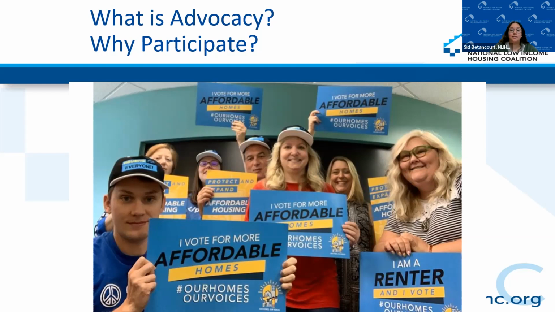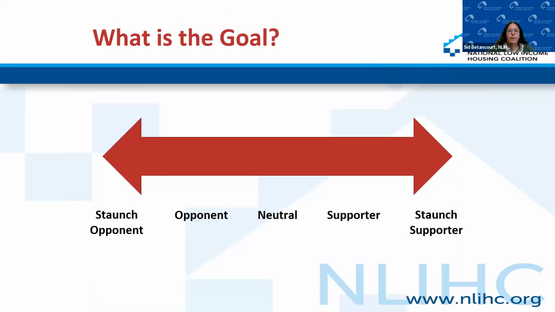And I'm sure that many of you, especially if you're working very closely on the ground, will see that the affordable housing crisis is in action every day. And you can have such a tremendous impact just by speaking to your members of Congress, or your elected official, at every level of government.